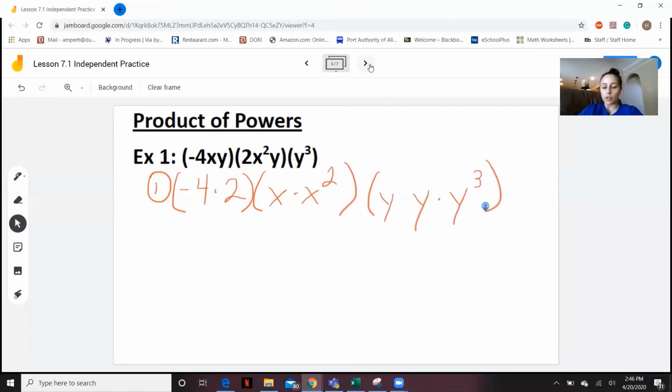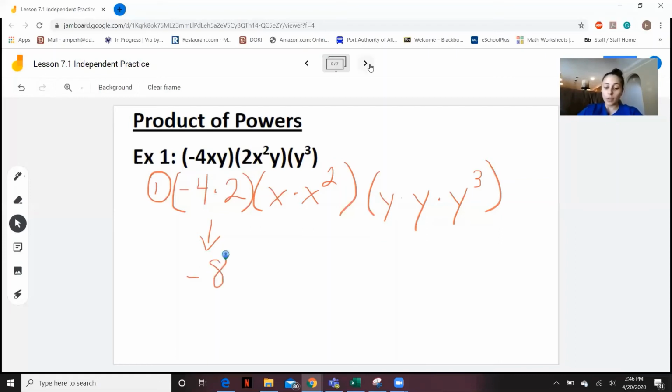You can solve this problem by writing out every single exponent and counting them at the end, or we can do the shortcut that we just learned, the product of powers. -4 times 2, we're not involving any exponents in that, that's just multiplication. That's going to be -8.